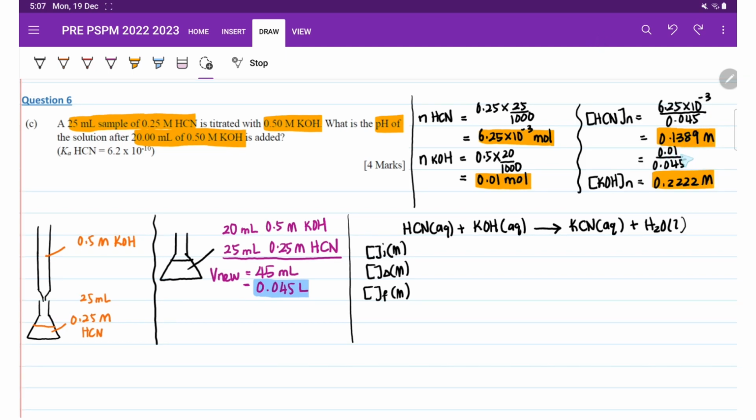So these are the calculations for the new concentration of HCN and the new concentration of KOH, which is 0.1389 molar for HCN and 0.222 molar for KOH.